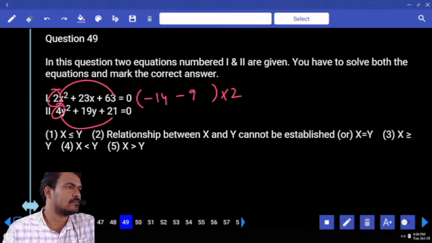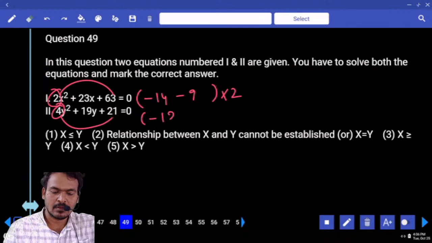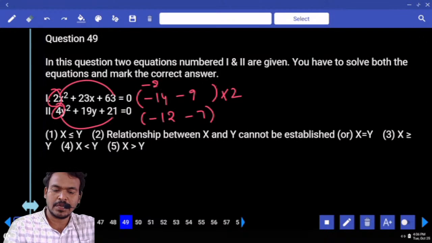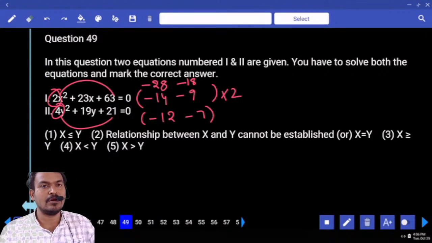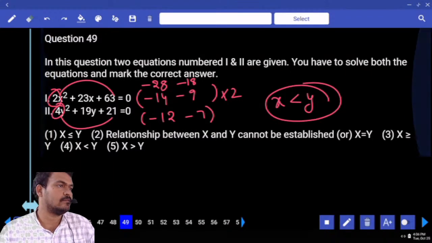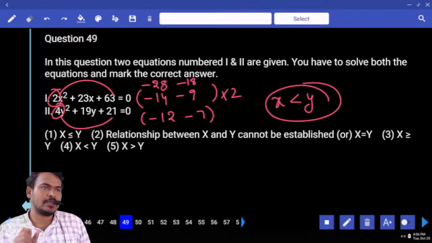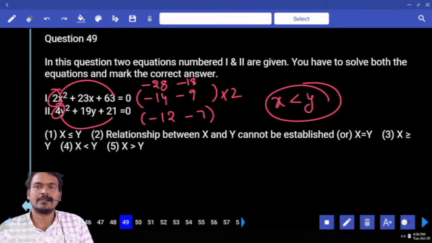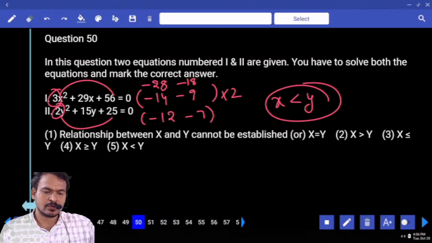Minus 12, minus 7. 14 twos are 28, 9 twos are 18. Minus 28, minus 18 and minus 12, minus 7. Because the values are negative, the answer is x less than y.